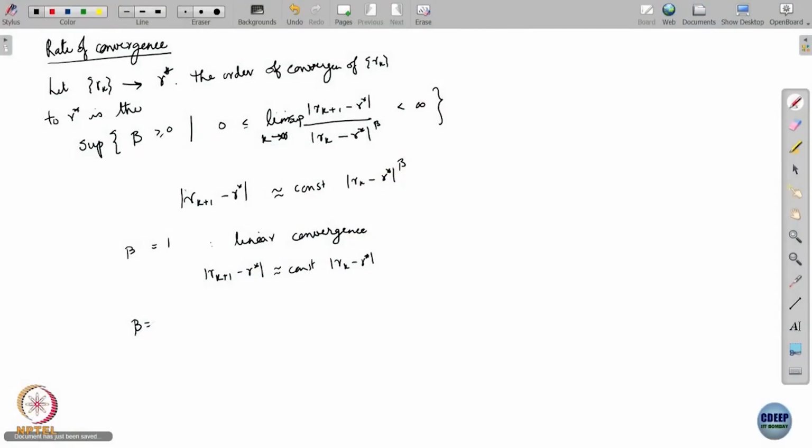Now, if beta equals 2, we say it's quadratic convergence, and this is usually very good, because if your iterates can converge quadratically, that means the progress you are making at each iteration is much more than what you had in the previous iteration.